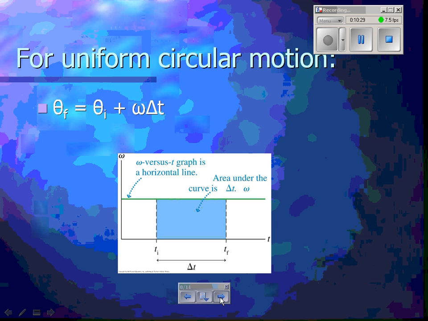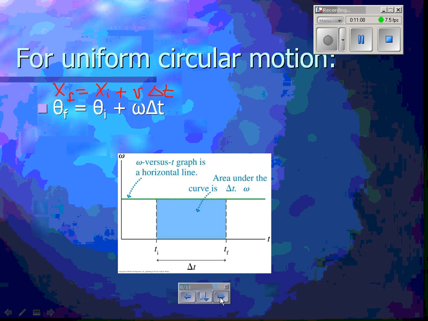Okay, so we'll actually get to all of the kinematic equations that we had in linear land; we're going to have them in rotational land as well, including this relationship here. This looks very much like one of our kinematic equations. Which one was that? If I talk in terms of x, this could be like x final equals x initial plus velocity times time, right? We'll talk more about the other ones when we have introduced acceleration.